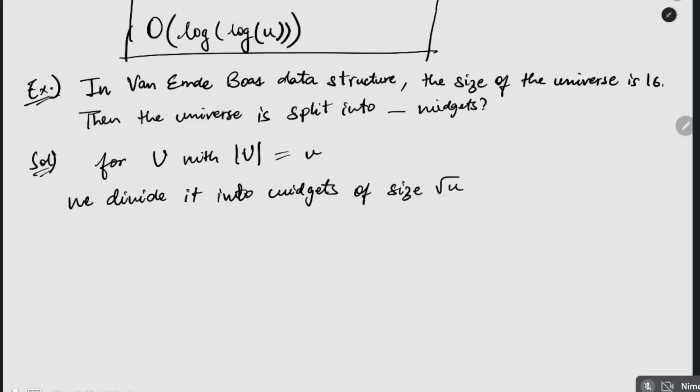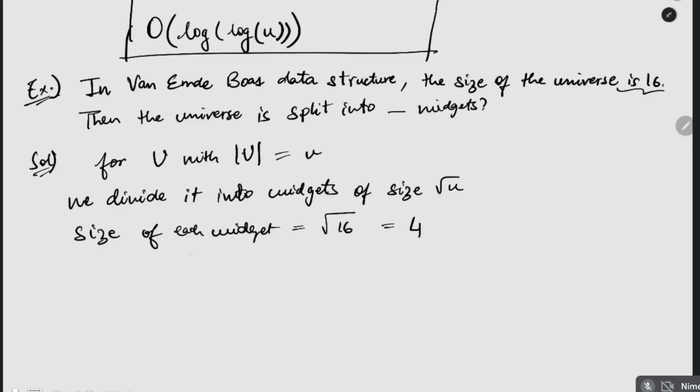So in this case, the size of each widget is square root of 16, because the size of universe is given as 16, so 4.